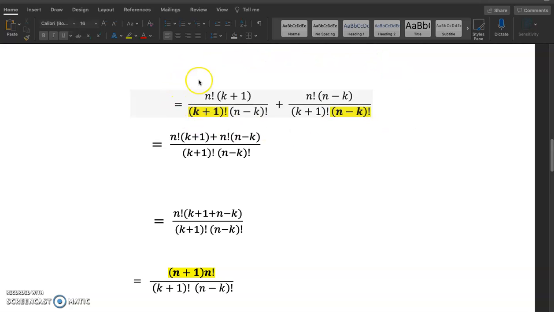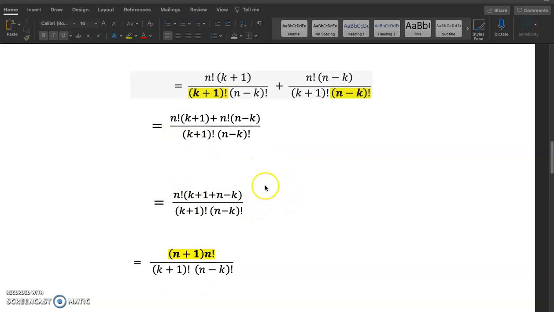Now, we can solve the addition. So we are left with n factorial times k plus 1 plus n factorial times n minus k over the common denominator, which is k plus 1 factorial times n minus k factorial.